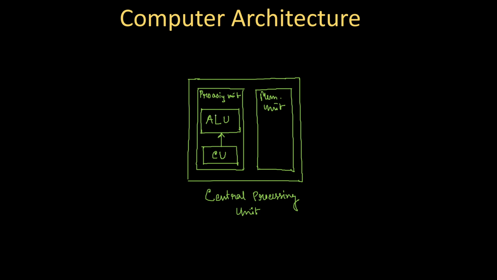I have written just the main components in the system, and obviously we have a communication line between memory unit and processing unit. The data that the machine works with is stored in the memory unit, and if required, it is taken to the processing unit, it works on the data, and the result gets stored in the memory unit again, right? So this is the basic diagram that we all know.